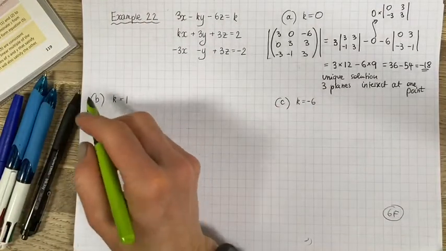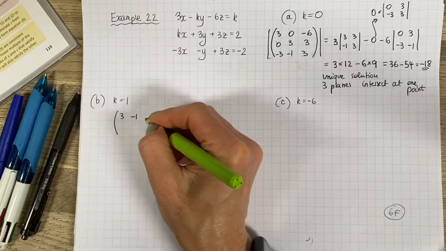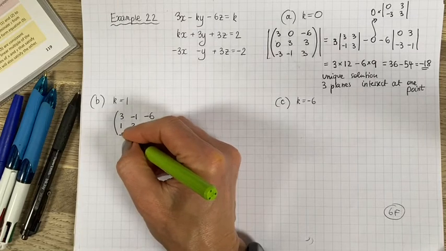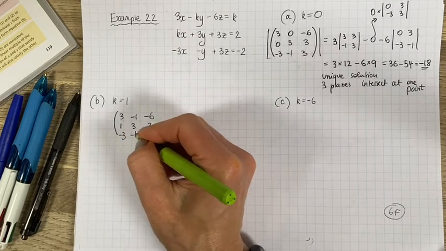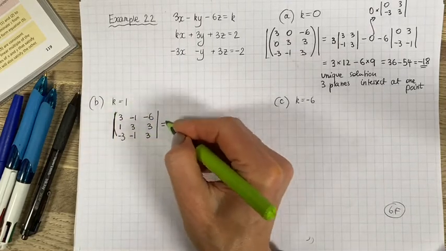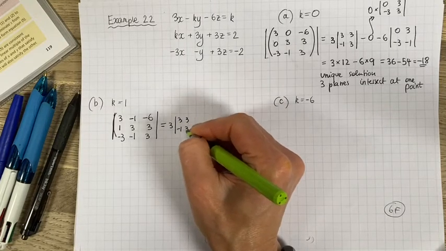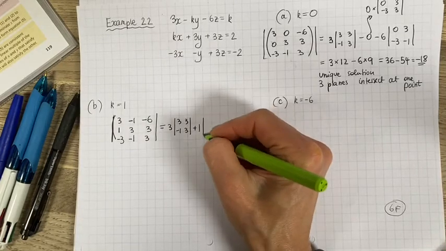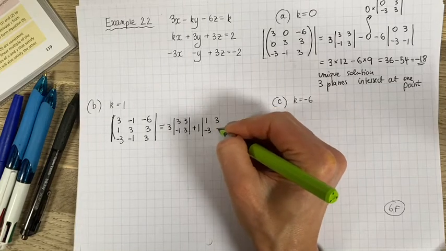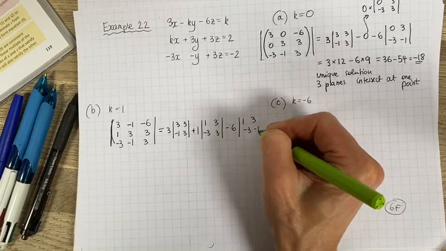Let's put 1 instead of 0. So we are going to get 3, minus 1, minus 6, 1, 3, 3, minus 3, minus 1, 3. Let's find the det of that one. It's going to be 3 times the det of 3, 3, minus 1, 3, plus 1, because that minus 1 changes to plus, times 1, 3, minus 3, 3, and then minus 6 times 1, 3, minus 3, minus 1.